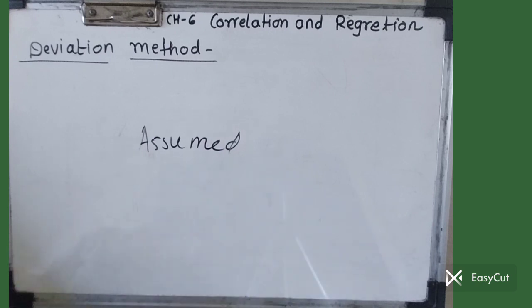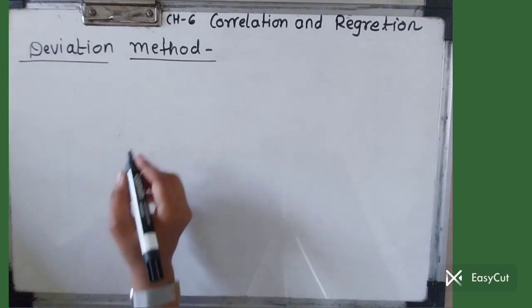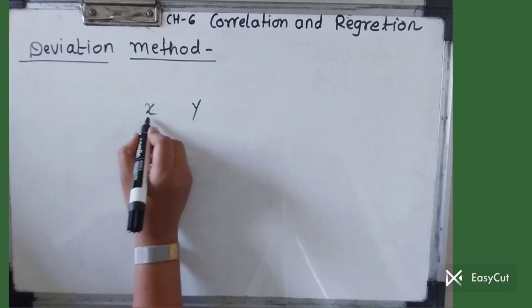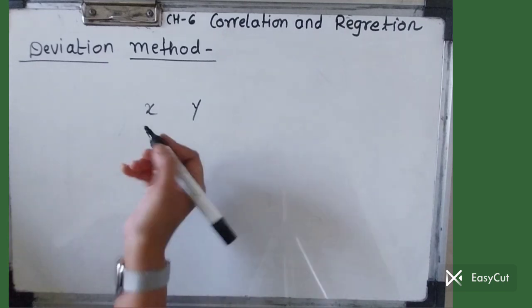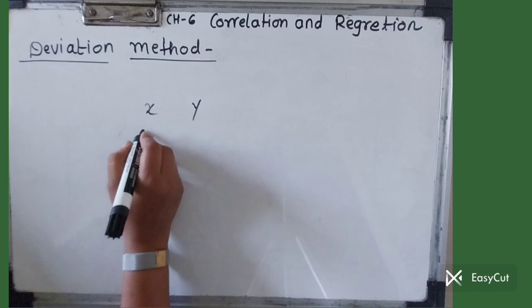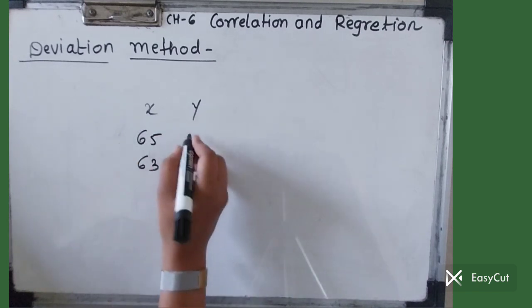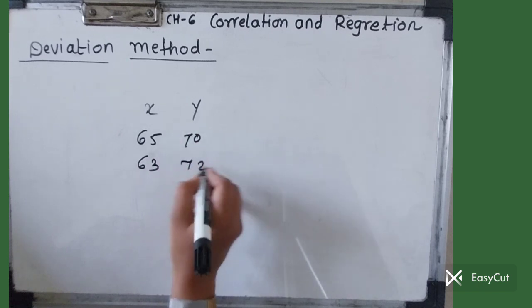We call it deviation D. Suppose they give large values of x and y, for example 65, 63, 70, 72.